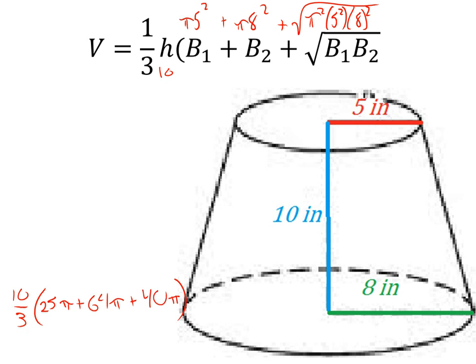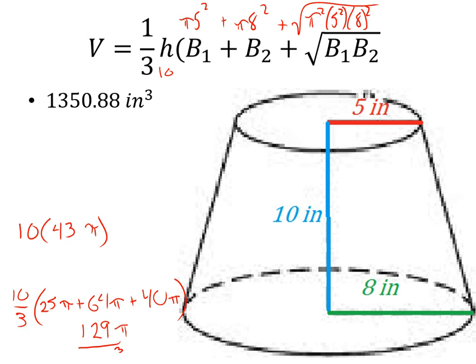And then you're going to add all these up, which gets you about 129 pi. Divide that by 3, getting you 10 times 43 pi, which gets you about 430 pi, which comes up to approximately that number.